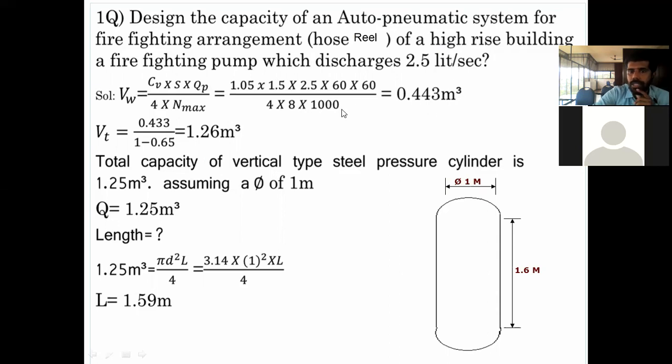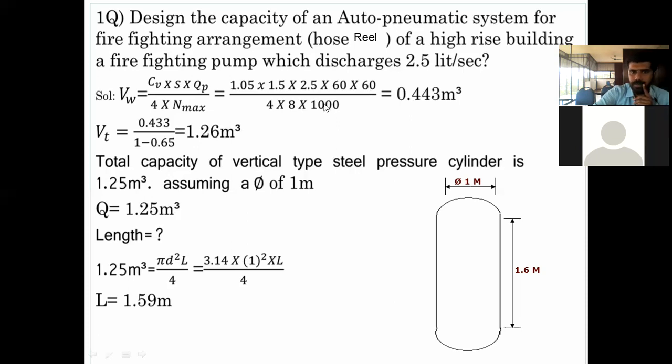The seconds have to be converted to hours, so you have to multiply by 60 into 60.